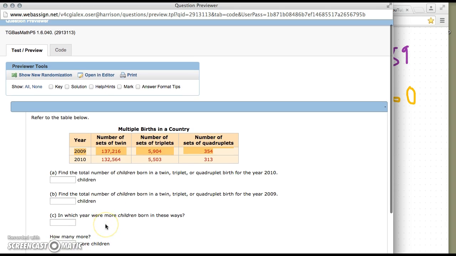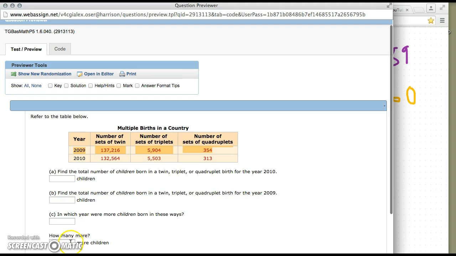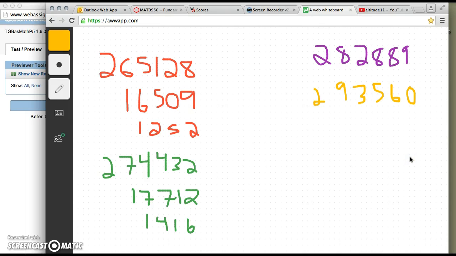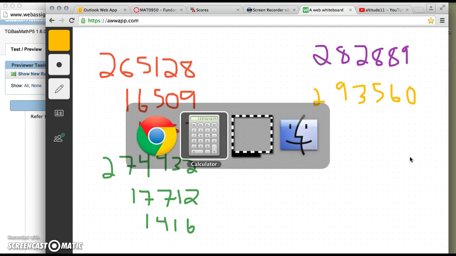And then finally, for the very last part of the question, it says, how many more children were there? If you want to know how many more, we find the difference between these two numbers, meaning we need to subtract.